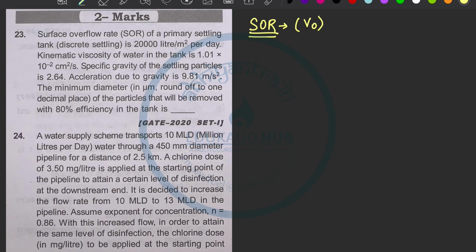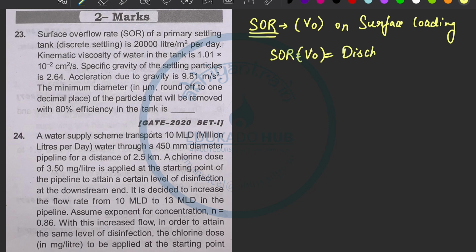Sometimes it is written as surface loading. Now see, what is surface loading or surface overflow rate? V naught is equal to discharge upon surface area.